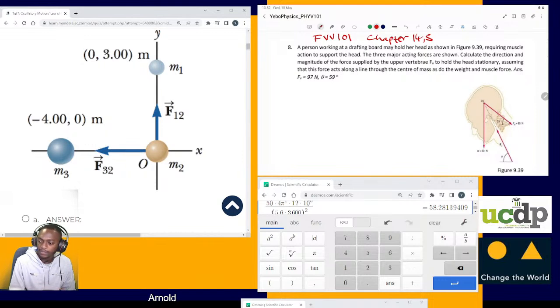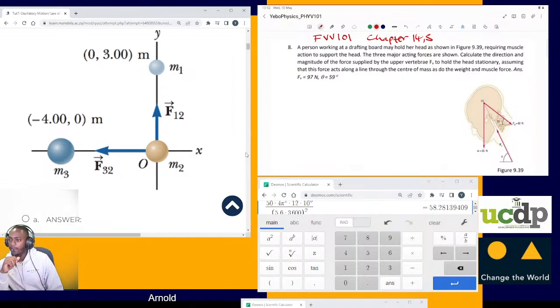Okay, so these are some of the questions that we are supposed to look at for those that are following PHY FVV 101, and these questions are also of good importance to those following PHYV 101, as we're going to be looking at some questions that involve static equilibrium and so on.